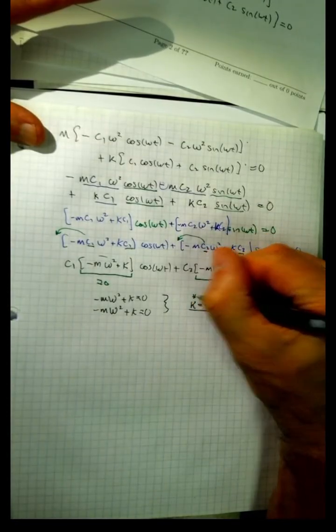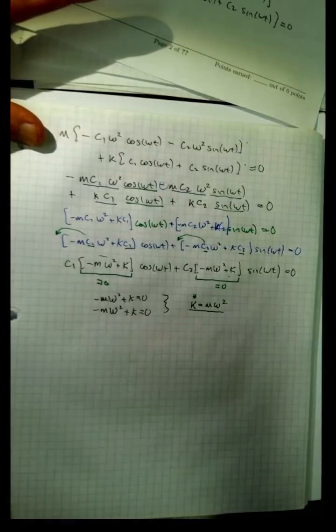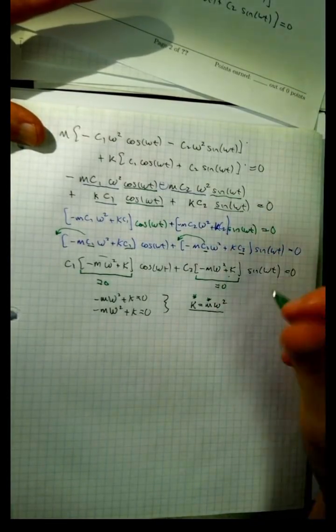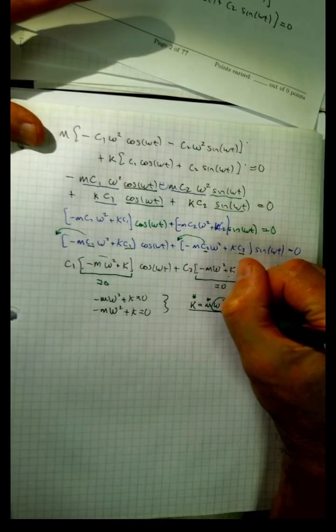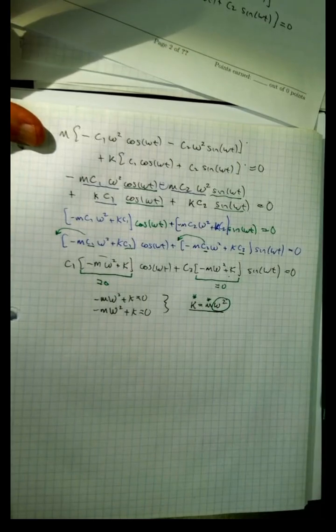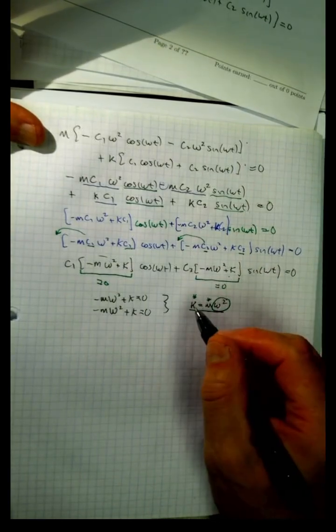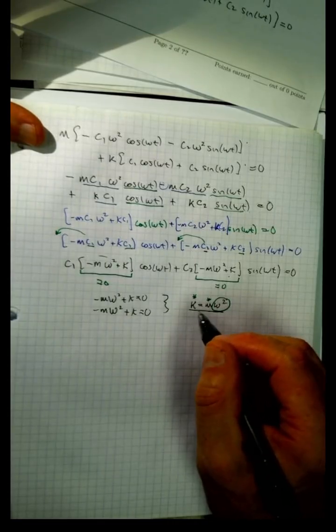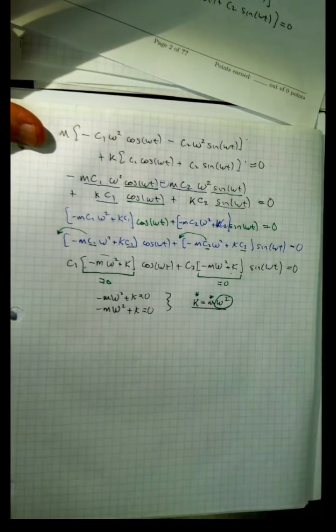Issue is k was given to me. I can't change k. M was given to me. I can't change that. But omega was just some number I said I was going to fill in later. I can make that anything I want and not change anything. So this equation here uniquely determines my omega, maybe.